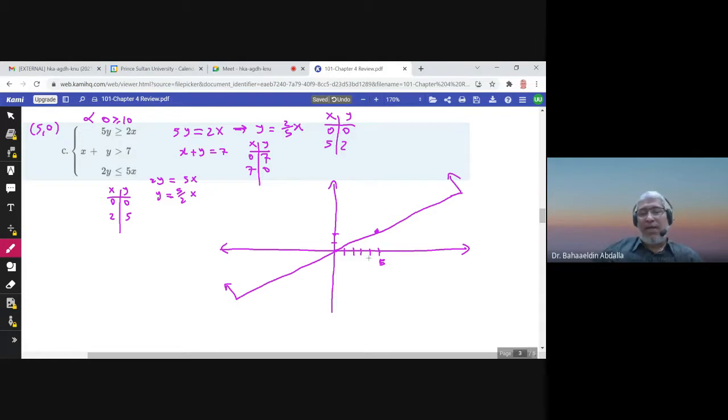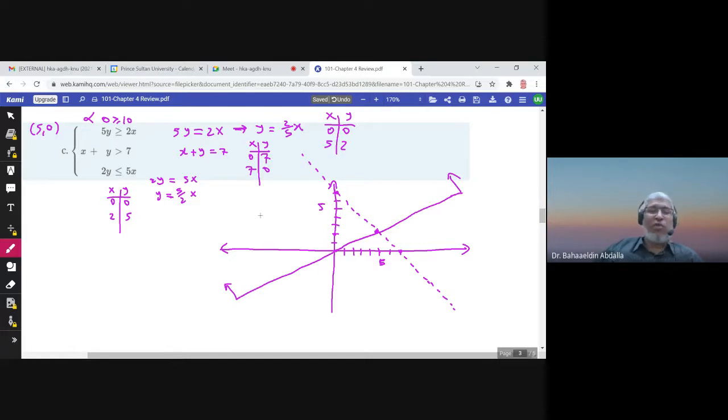The second line, 7, 0, 0, 7, and it is a dashed line because there is no equality. Now, is it above or below?